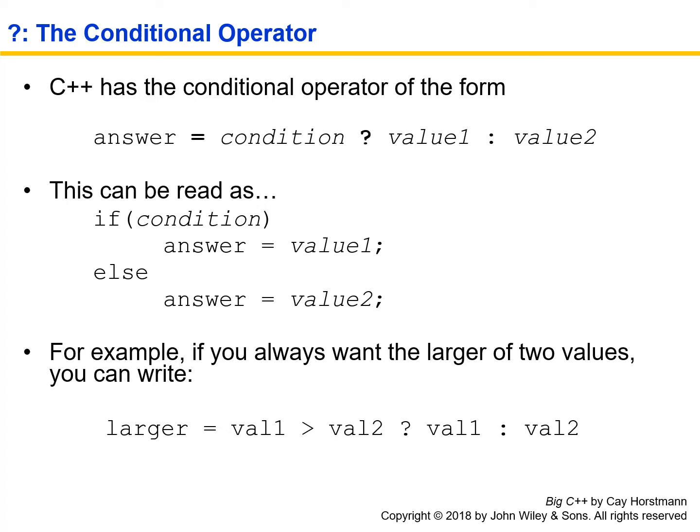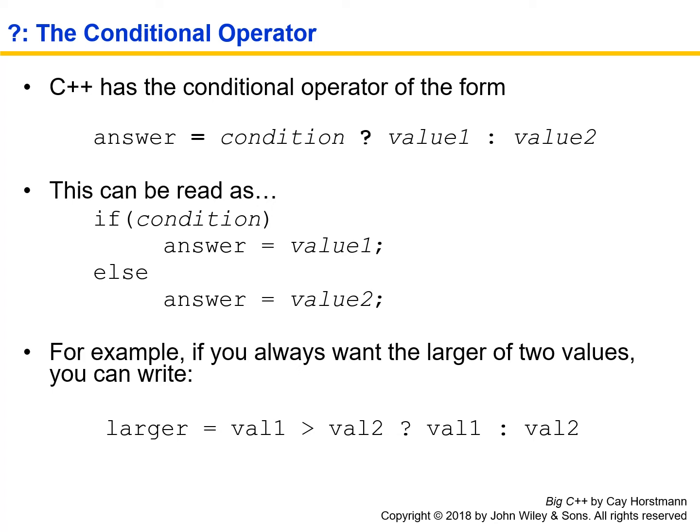But typically you would put the answer variable equals, you type your condition and then a question mark, and then the value that's going to be assigned to answer if condition is true, and then a colon, and the value that's going to be assigned to answer if condition is false. So this whole one-line statement can be read as if condition, answer equals value 1, else answer equals value 2.